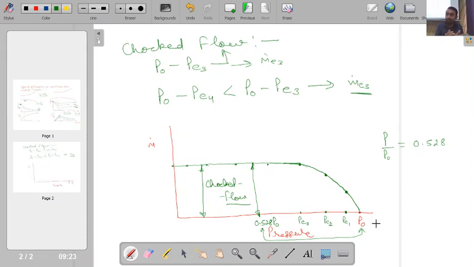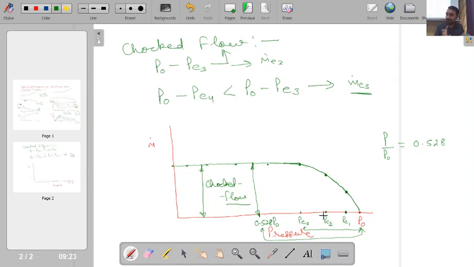But once you put the diverging section along with the nozzle, what happens? The diverging section leads to some pressure recovery. Because of that, the pressure difference you have to maintain is actually even less.